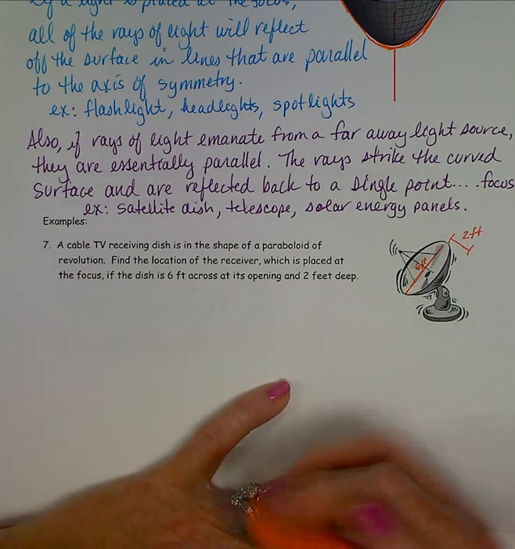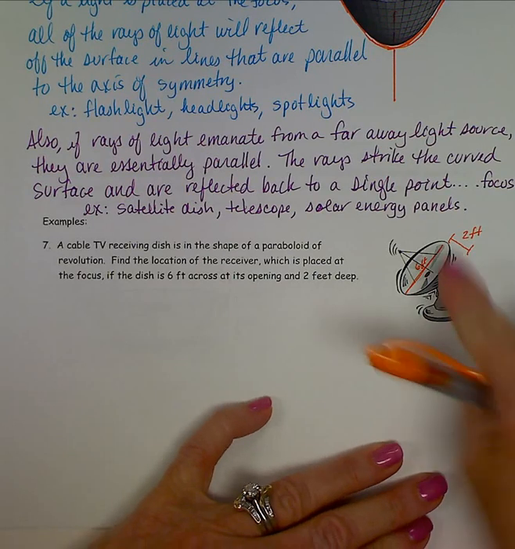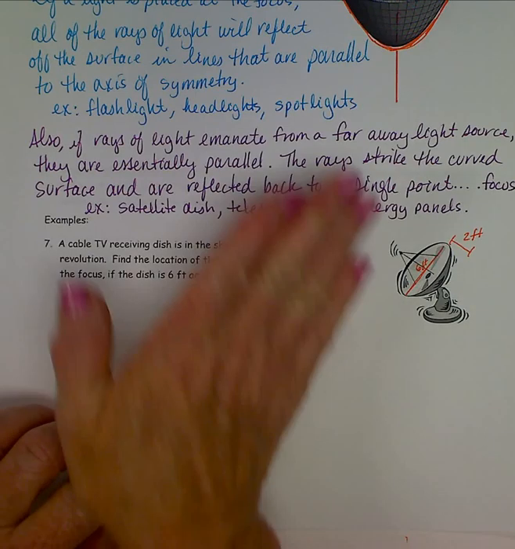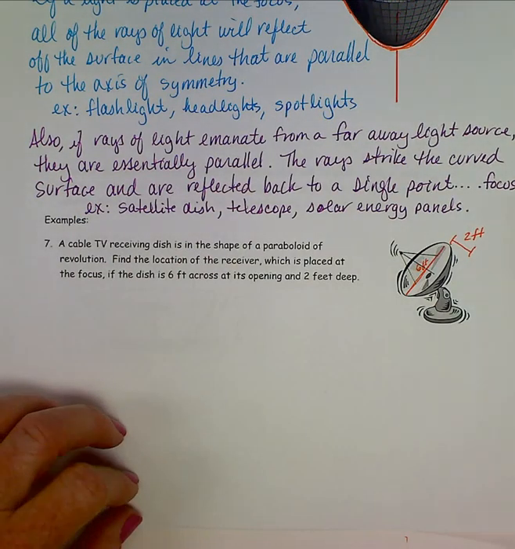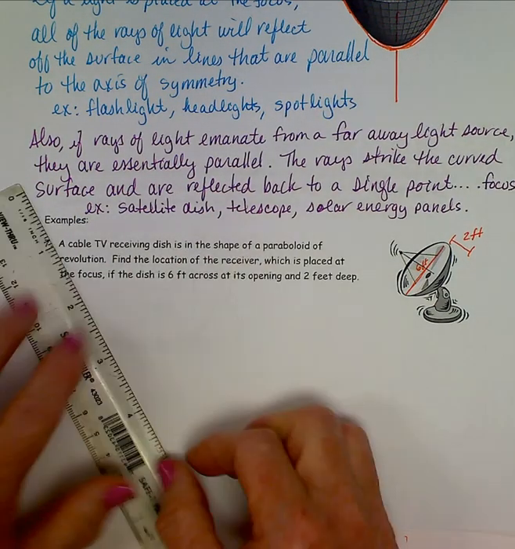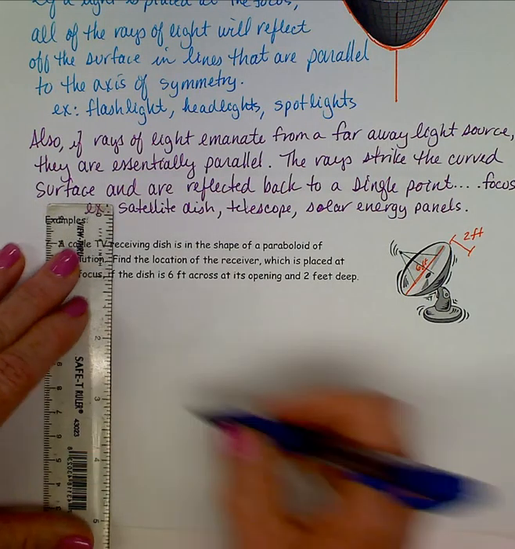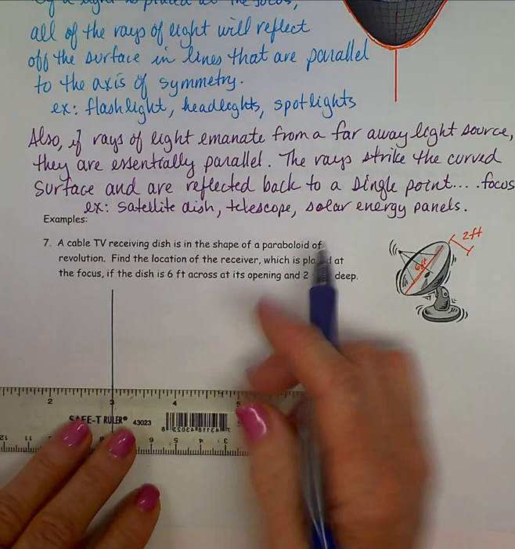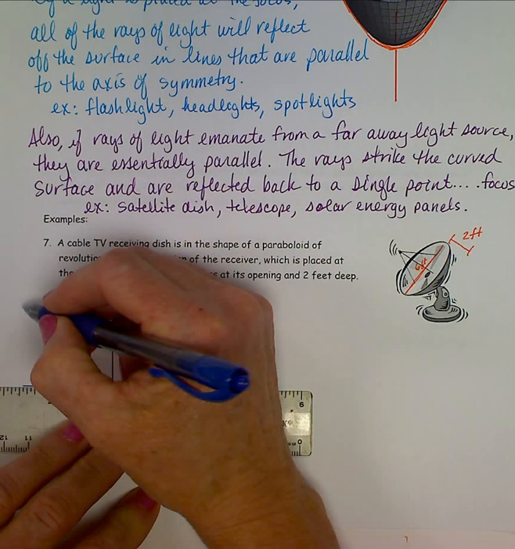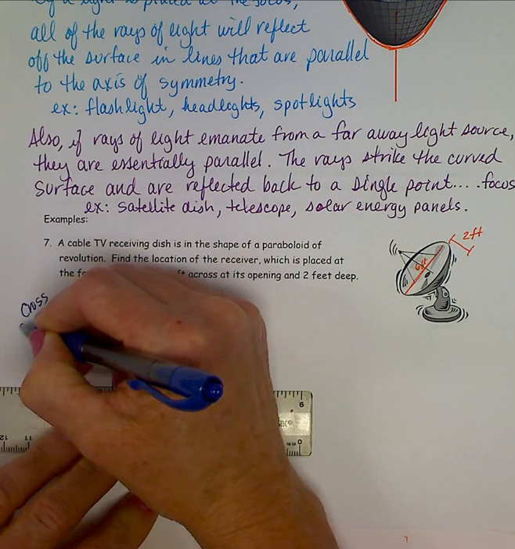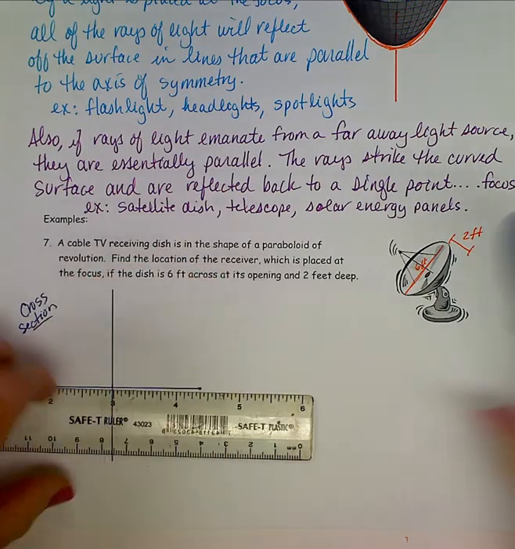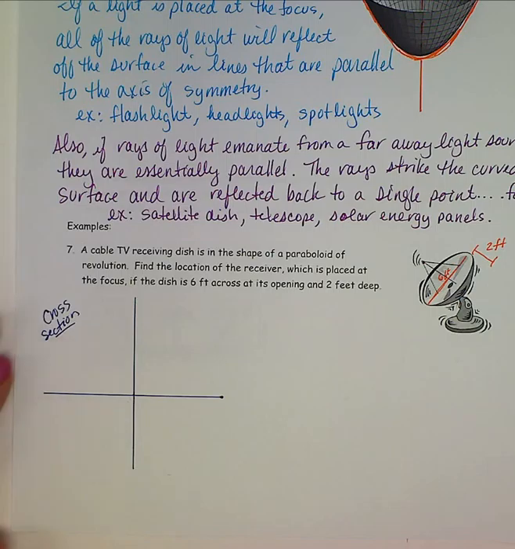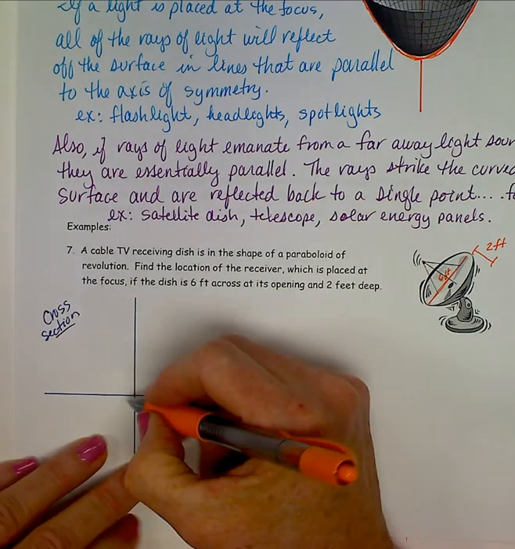A bit awkward to try and maneuver around and deal with this, so what we're going to do is draw a cross section of that paraboloid of revolution. You can put the vertex of that parabola anywhere you want. It's easiest to put it at 0, 0.